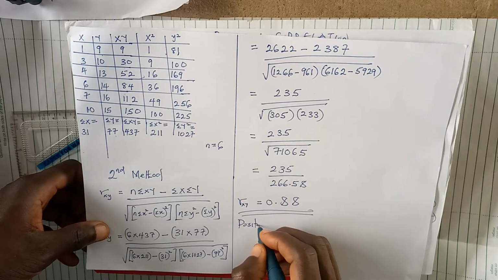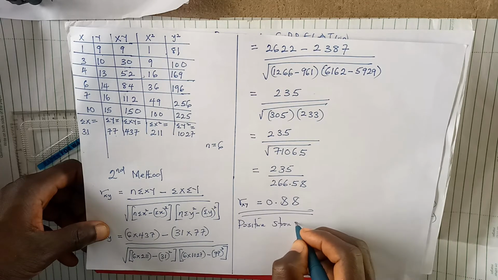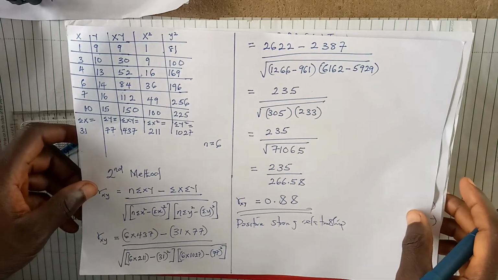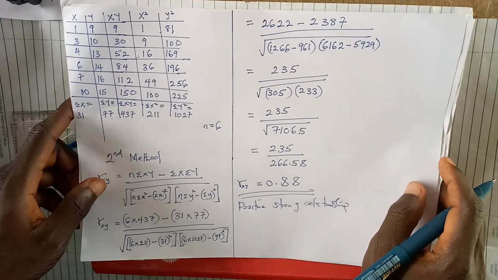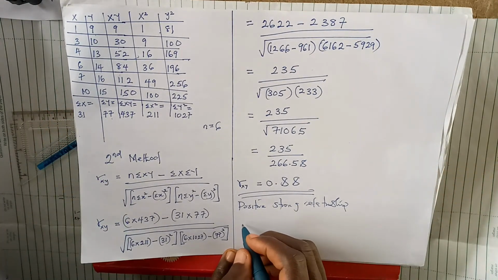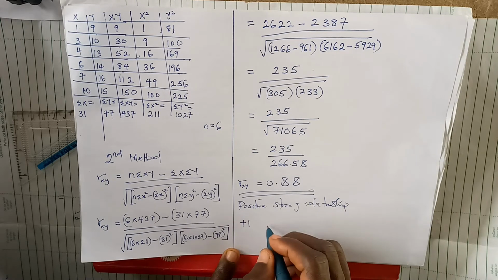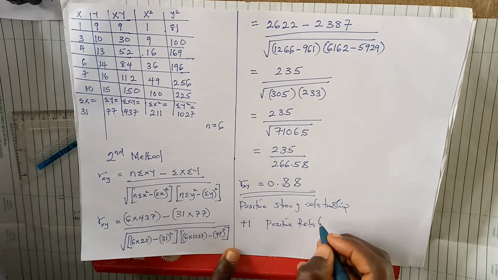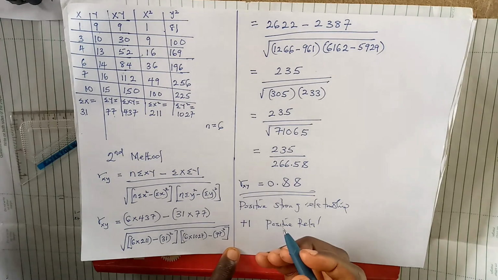a positive strong relationship. That's how to interpret it. If our answer is positive 1, this denotes a positive relationship, and any other value that is close to 1 is still strong.